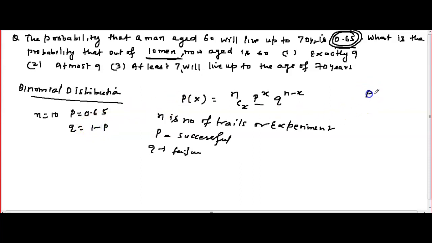Because we already know p plus q is equal to 1, where p is success and q is failure. Successful plus failure is equal to 1, so failure you can find as 1 minus success, so this is 1 minus 0.65, which is 0.35. This we got as q.